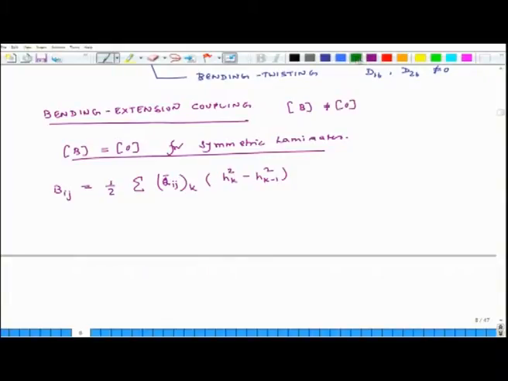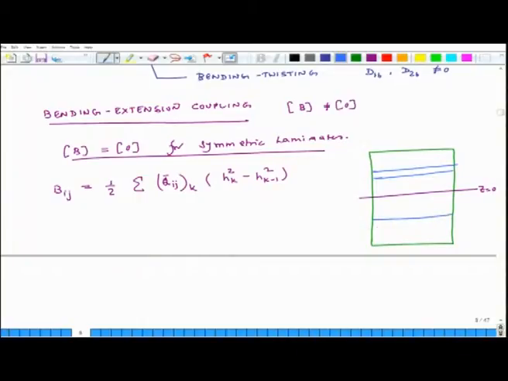Now, consider a laminate. Let us say this is my midplane, so z is equal to 0, and let us say there are two layers. There is one layer and there is another layer. Both these layers are equidistant from the center, which is z equal to 0.